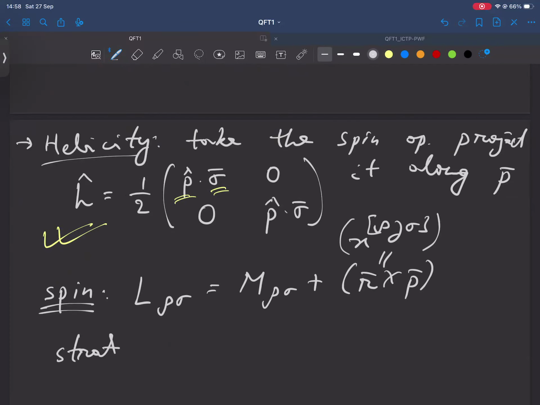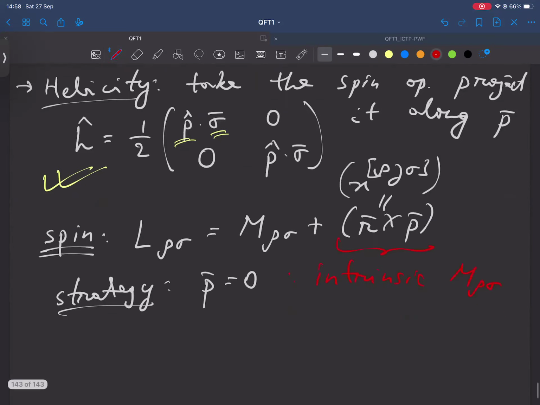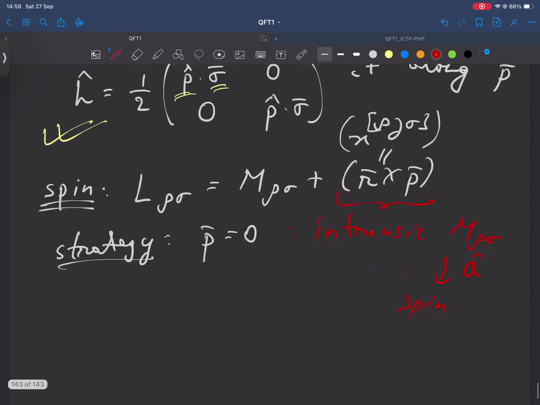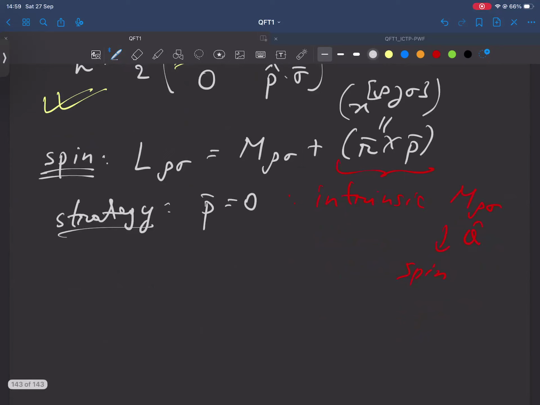The strategy was to get the intrinsic piece. We had to put the momentum to zero, and that led to vanishing of this guy, and that gave us the intrinsic M, which was identified later in the quantum theory as spin. Okay. So Q is the quantum map, if you like. So when you quantized, this M was identified with spin.